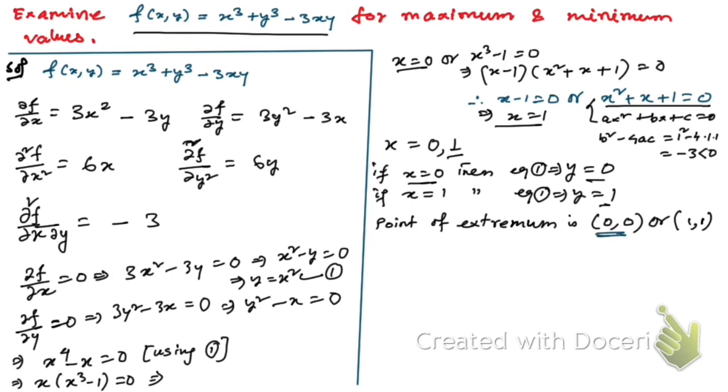If we use this value of x and y in these equations, at (0, 0) we can have the second order derivative of f with respect to x equal to 0, and the second order derivative of f with respect to y also equal to 0, so their product will also be 0. Is that greater than minus 3?